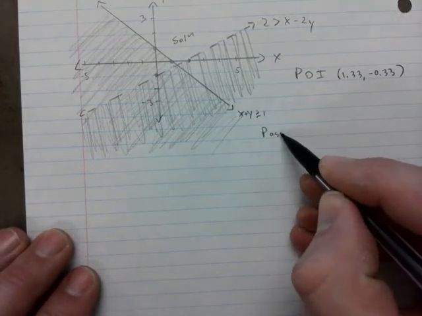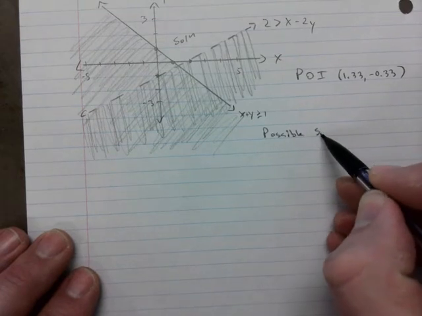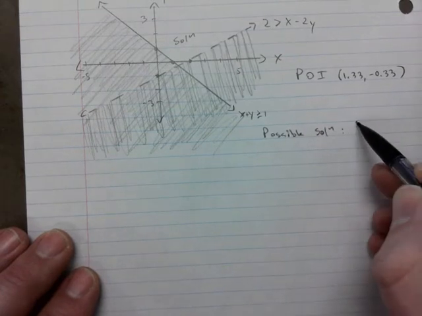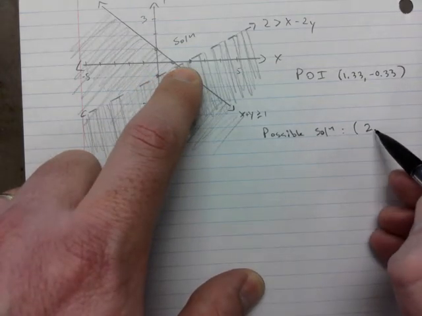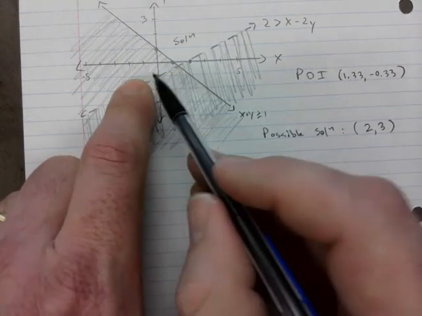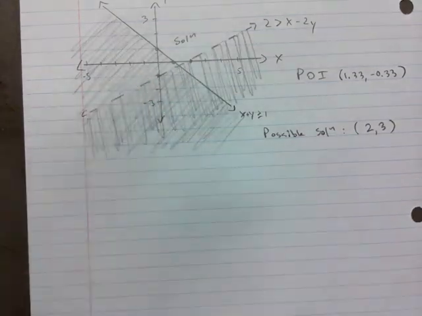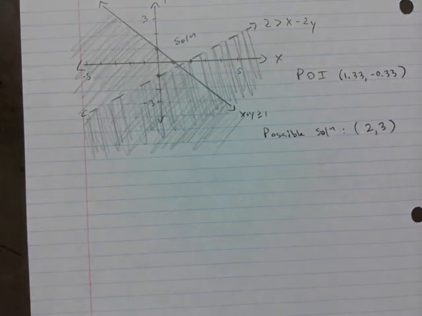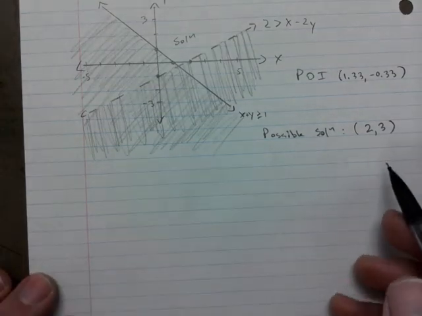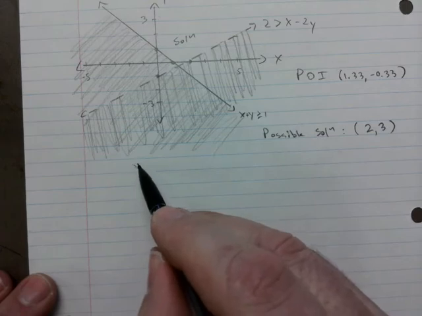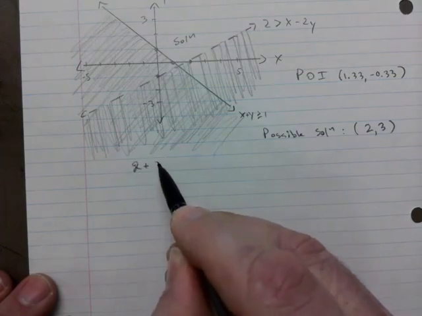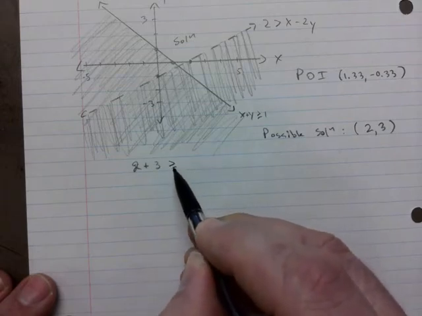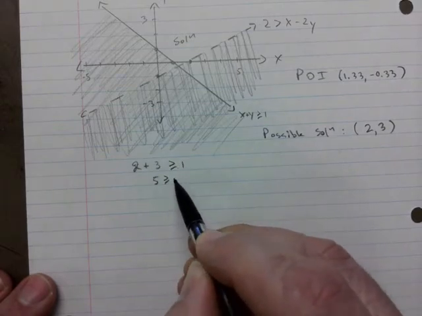Possible solution would be, you could do 2, 3. Right? So 2, 3, you're way up here. You're definitely in the solution region. You're supposed to check its validity. So we would have to do that, right? So with the first one, I'm just going to go 2 plus 3 is greater than or equal to 1. 5 is greater than or equal to 1.